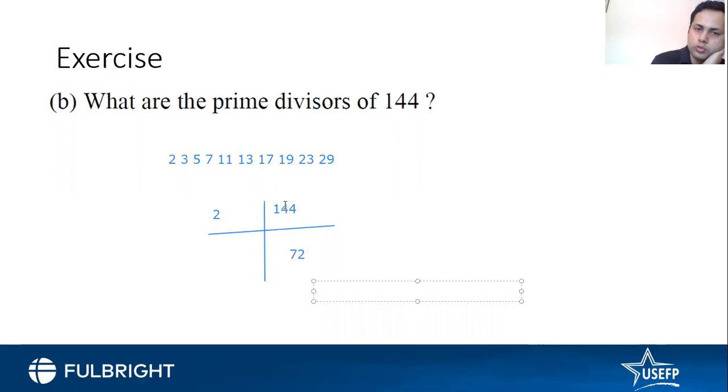So if 144 is divided by 2, it is 72. If it is again divided by 2, it is 36.